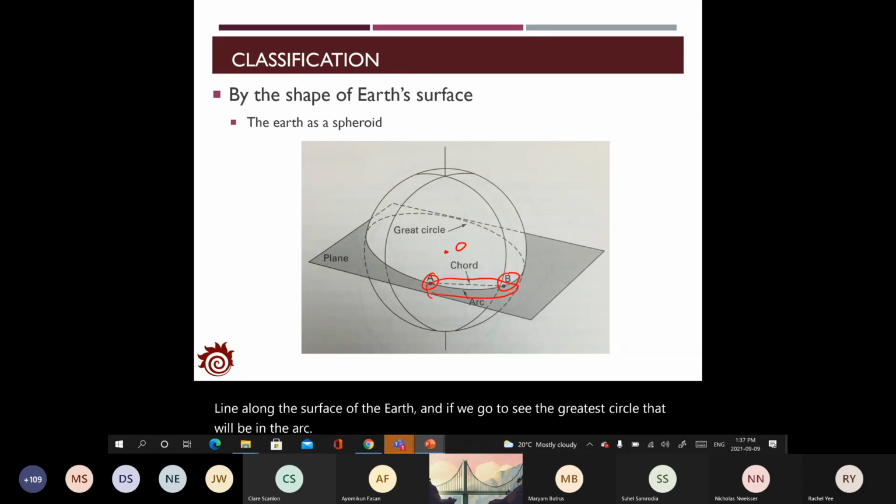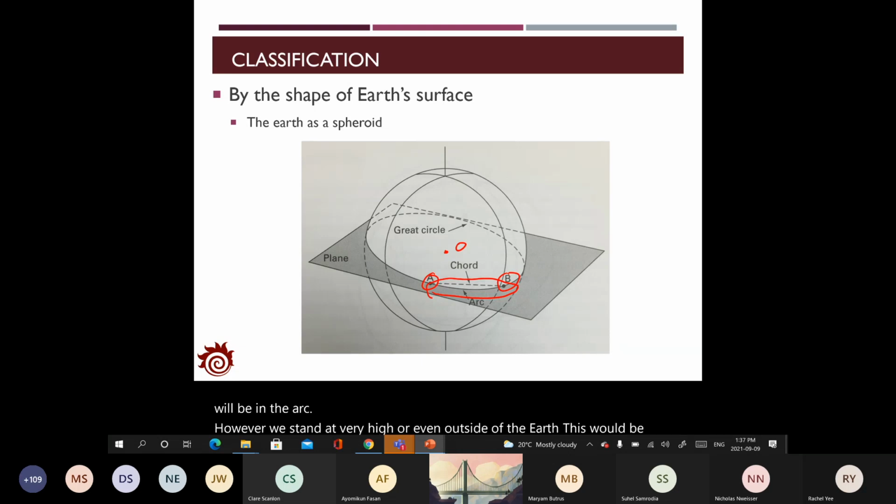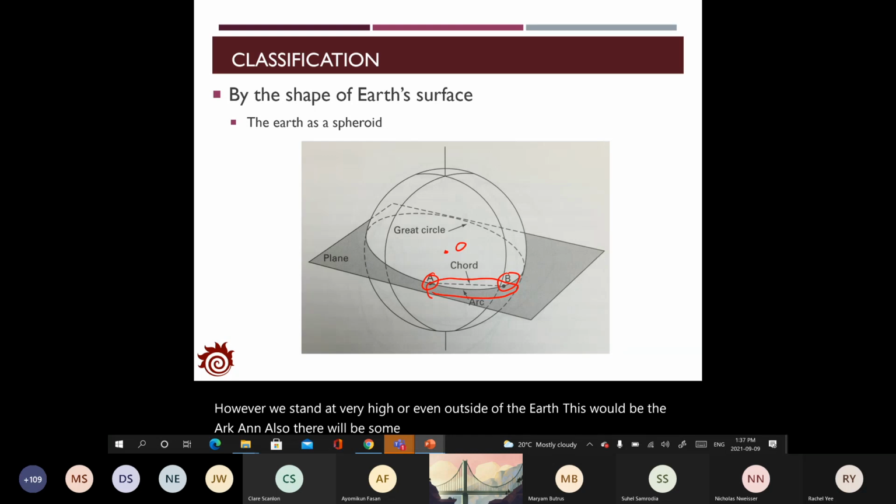If we stand very high or even outside of the Earth, this will be an arc. There will also be a straight line connecting these two points, and this straight line is defined as the chord. These are the fundamental lines on the Earth.